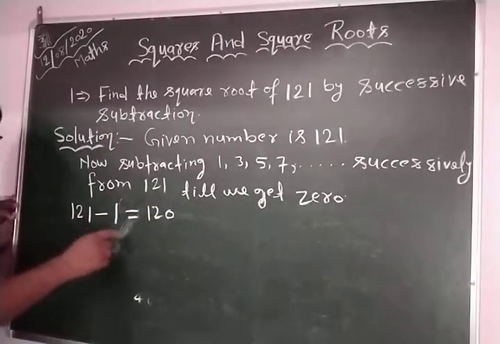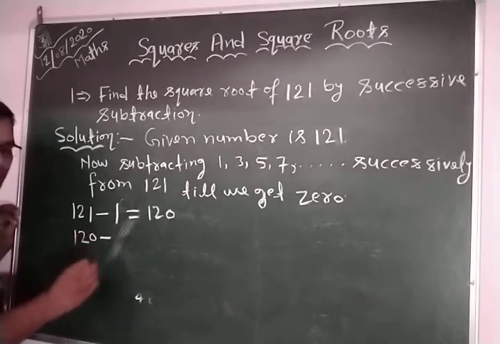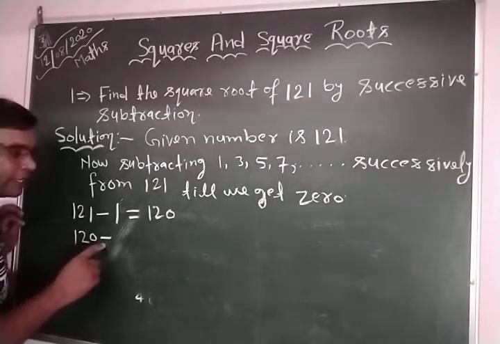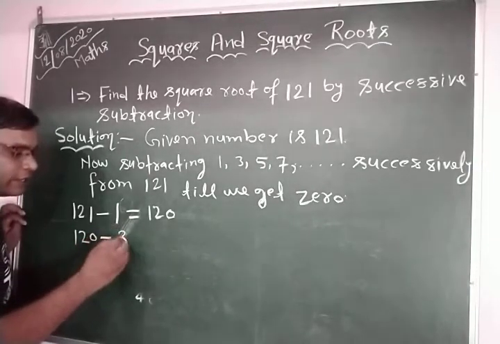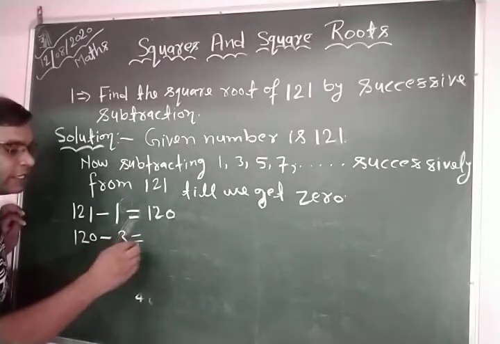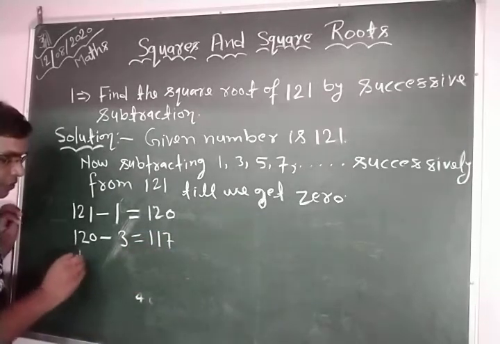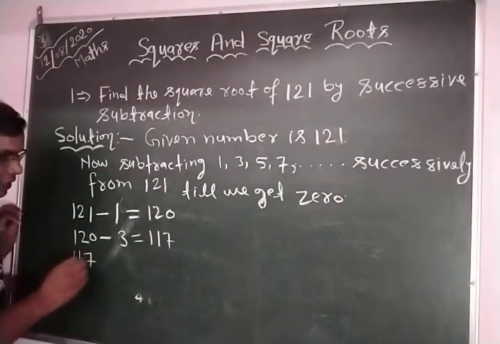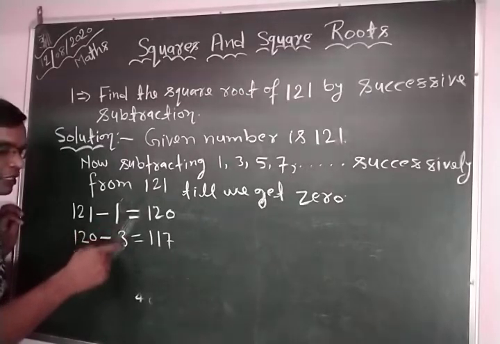This is the first step. In the second step, 120 minus the next odd number, 3, gives 117. This is the second step. And now 117 minus the next odd number, which is 5.